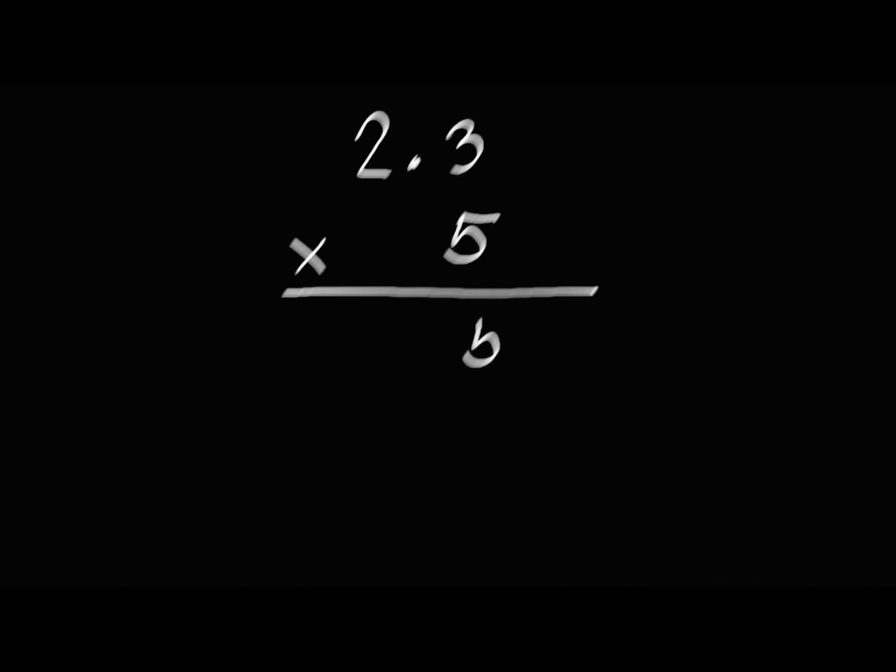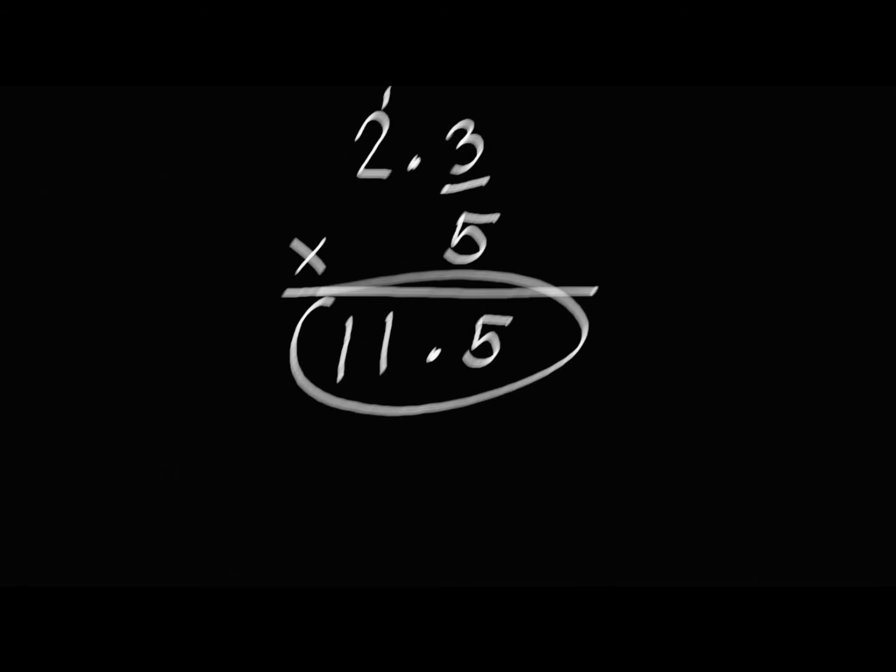We write 5 here, then we regroup 1 to the next place value. 5 times 2 equals 10, plus 1 equals 11. Count the number of decimal places in our factors. We have only 1. So there should only be 1 decimal place in our product. So we put our decimal point here. So our answer to 2 and 3 tenths times 5 is 11 and 5 tenths.